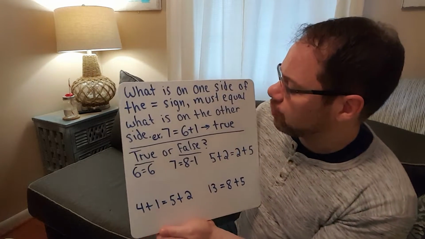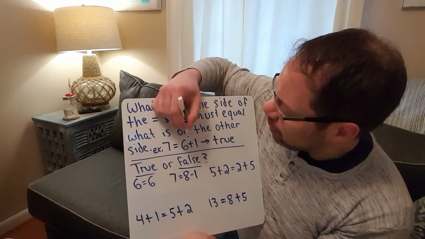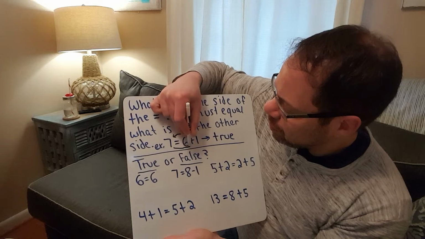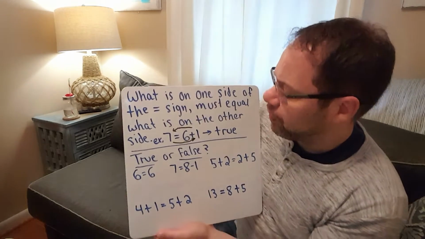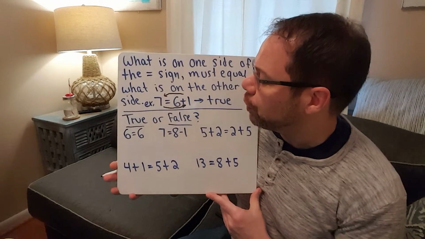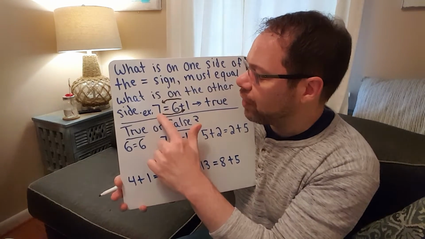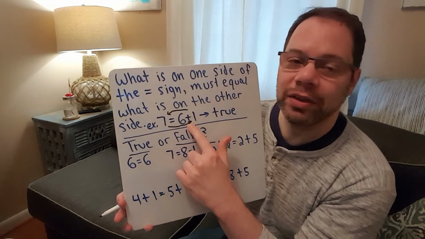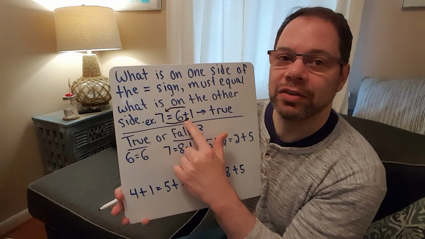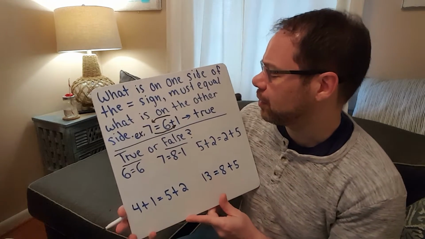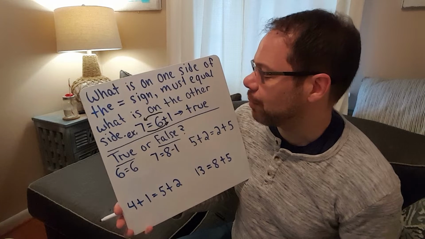This 6 plus 1 would be over here, and this 7 would be over here. But for this, it doesn't matter what the order is. We just need to make sure that what's on one side of the equal sign, in this case 7, is equal to what's on the other side, in this case 6 plus 1, which we know is equal to 7. Okay, so let's take a look at some more examples.